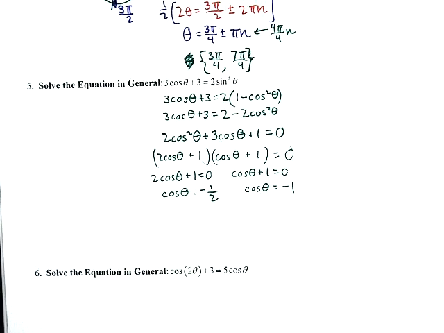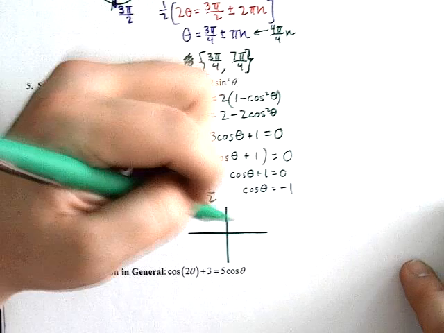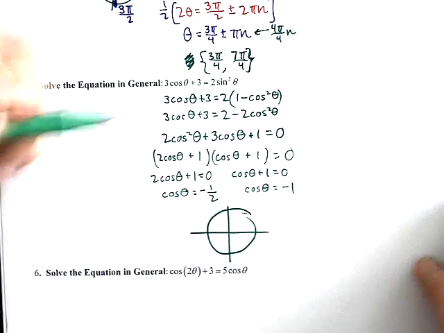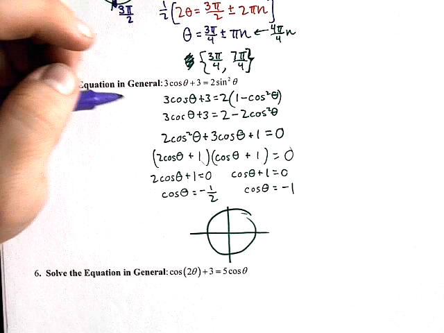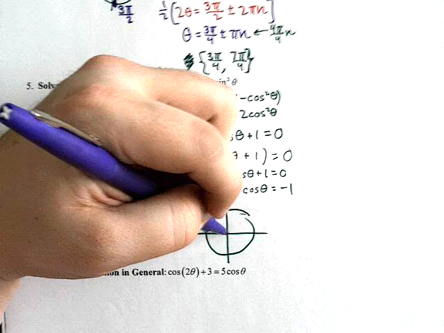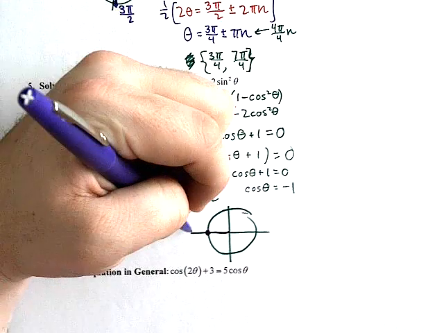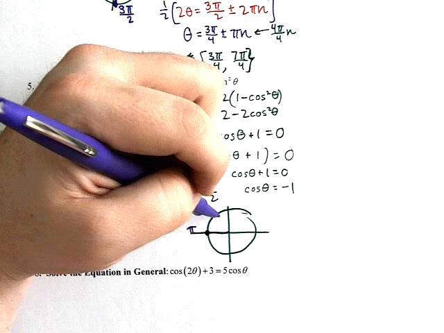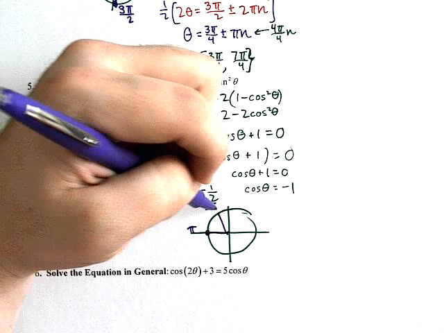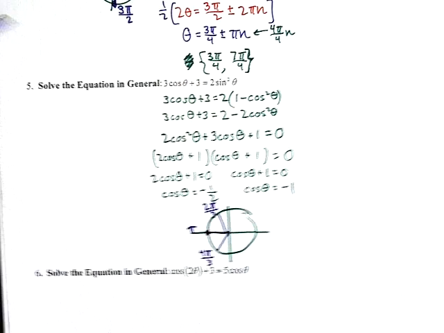All right. And now I can sketch a unit circle. Well, cosine theta will be negative 1 straight to the left over here at pi, and cosine will be negative 1/2 at 2 pi over 3, 4 pi over 3, and this is a tough one, guys.